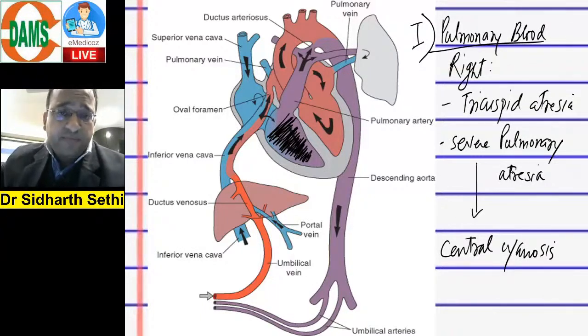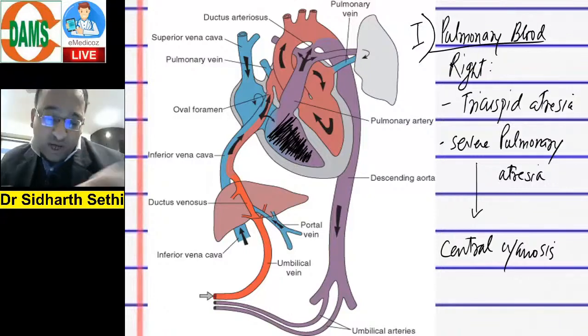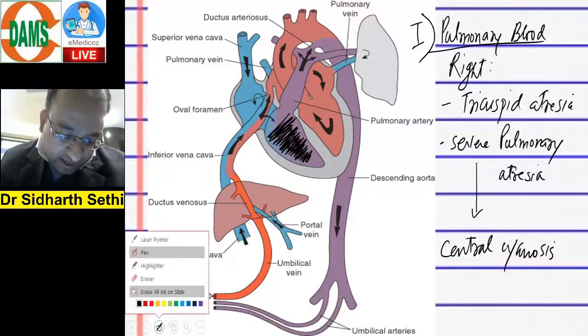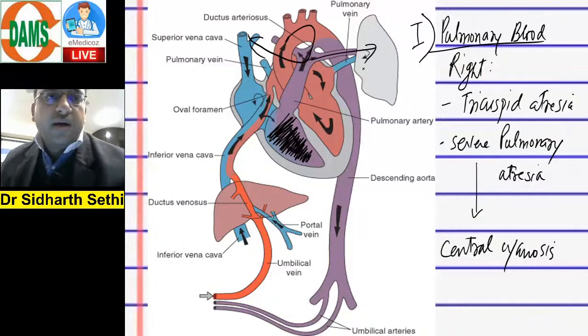Right-sided disorders, tricuspid atresia, pulmonary atresia. Okay, they are dependent on the ductus arteriosus for the pulmonary blood. As soon as the baby is born, no blood is going to the lungs. So he needs a ductus arteriosus to give the blood to the lungs. As long as the ductus arteriosus is open, the blood will go to the lungs.